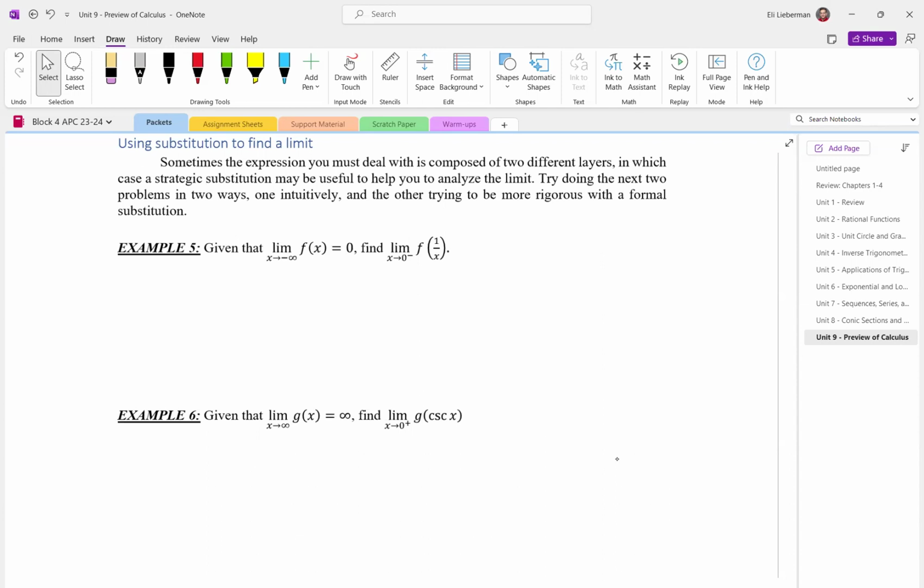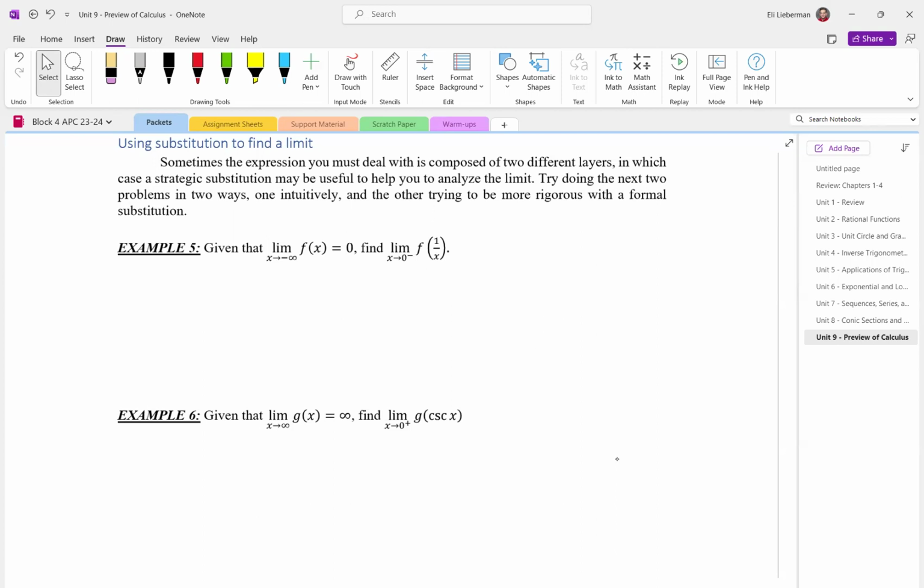If I were plugging in 2, then the output would become 1/2, and that 1/2 would then go into the function. You see that two steps are happening as opposed to the one step in the first one. If I were to plug in a 5, first that 5 would become 1/5, and then that 1/5 would go into the function.